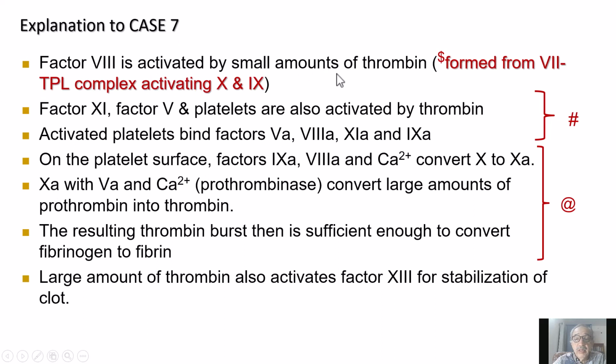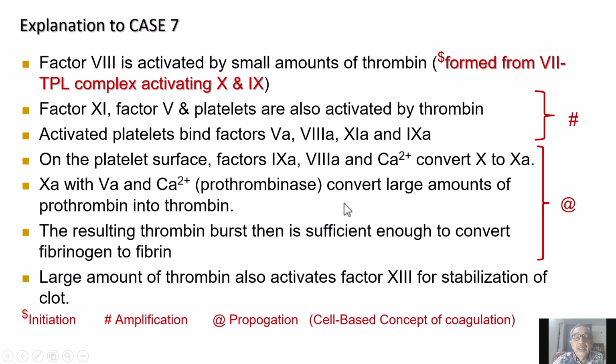It explains the clotting on the surface of cells, first on the damaged endothelium or smooth muscles, initiation, then on the platelet surface. So cells are given more importance and the sequence is slightly changed.